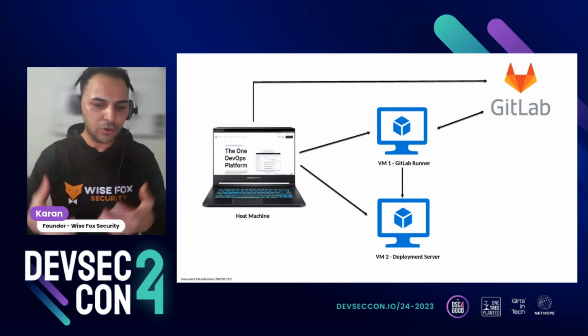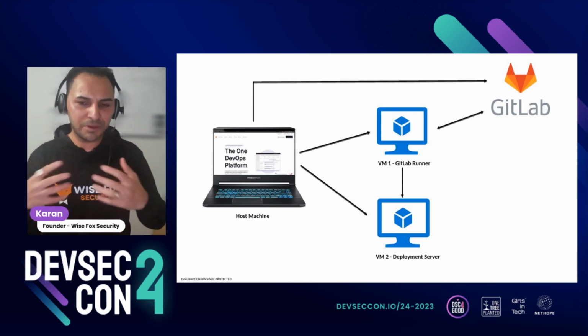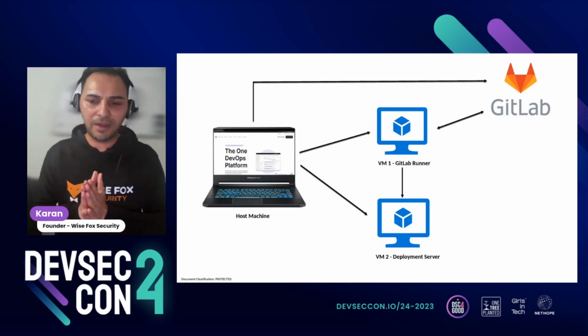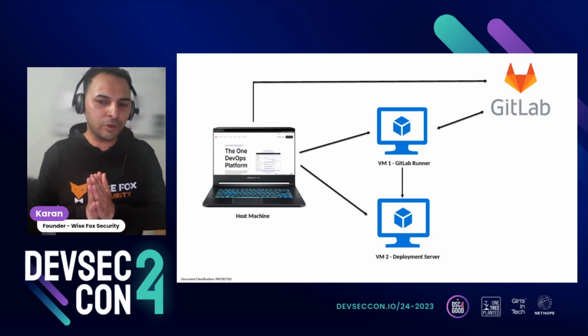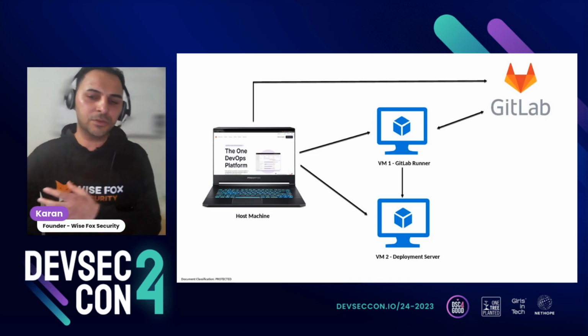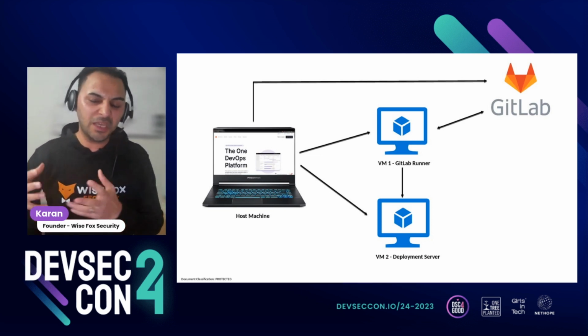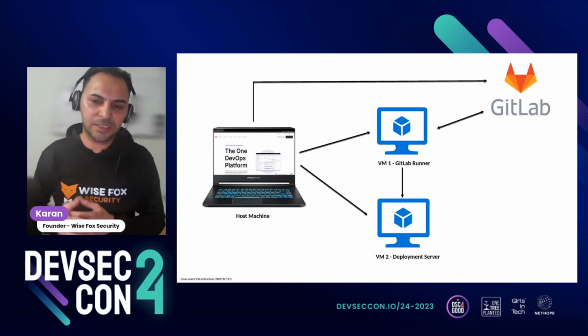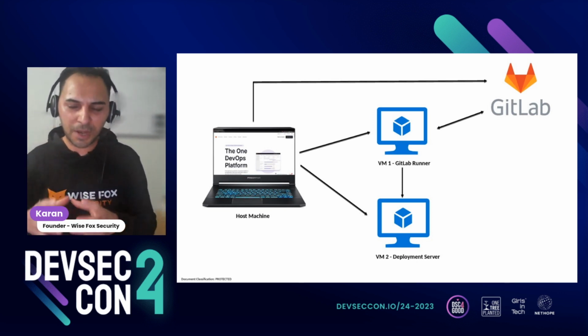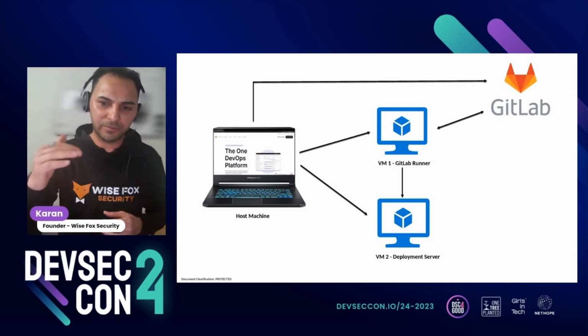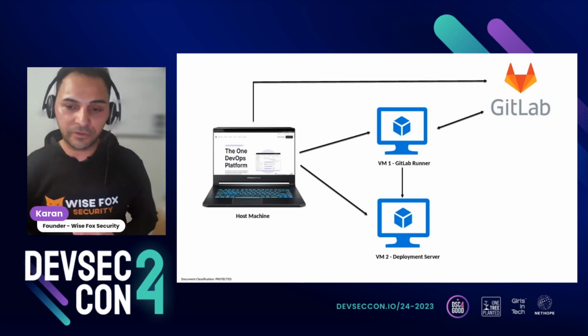Now, in a bigger scale, you can replace that deployment server with an EC2 instance on AWS, or it could be an EKS. You might be deploying on an EKS cluster and whatnot. But in this little lab, I've just got a virtual machine that I've created.